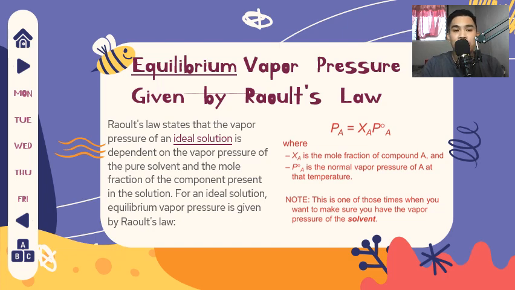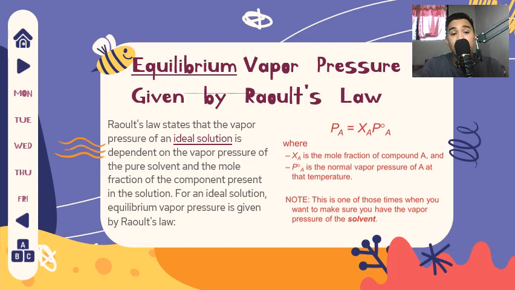Raoult's law states that the vapor pressure of an ideal solution is dependent on the vapor pressure of the pure solvent and the mole fraction of the component present in the solution.